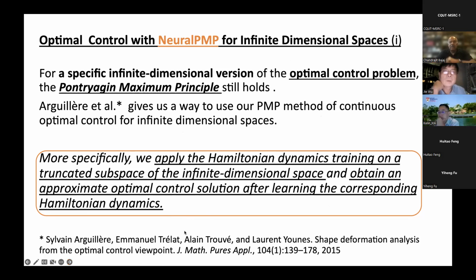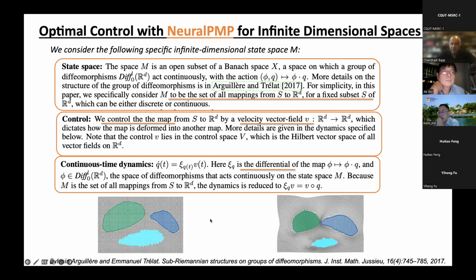The idea is, and this is a busy slide, but I will quickly summarize it, whenever you're thinking of deforming a shape and you want to build an action space that would modify the shape, then the action space can be thought of as acting on the vector field that will be mapping. So you're mapping one vector field to another vector field.